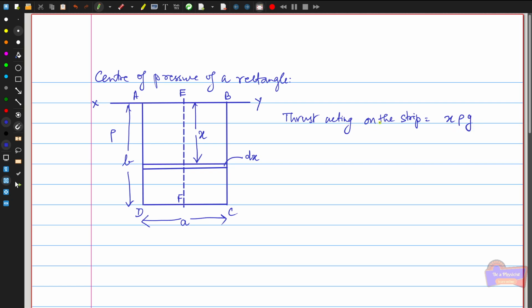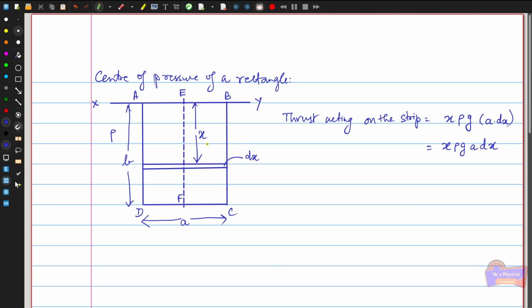This is multiplied by the area. The area is the breadth times the height, so a into dx. So I can write this as x rho g into a into dx. This is the thrust acting on the strip.